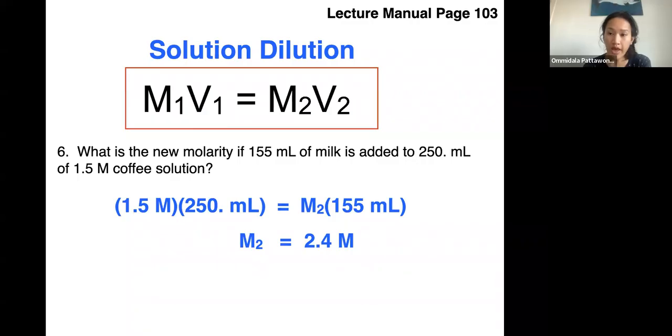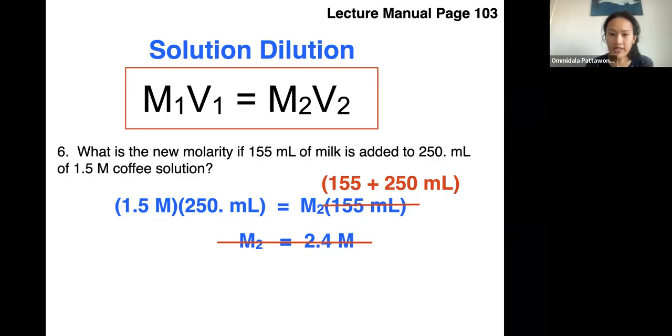If your answer is 2.4 molar, this is incorrect. The reason for that is because we are adding 155 milliliters of milk to the solution. So that means in this case, your final volume is not going to be 155. It is actually going to be 155 added to the 250 milliliters, which is the initial volume.